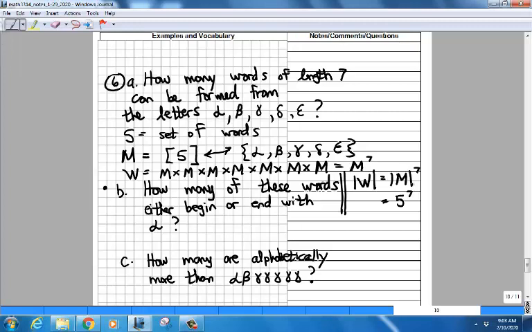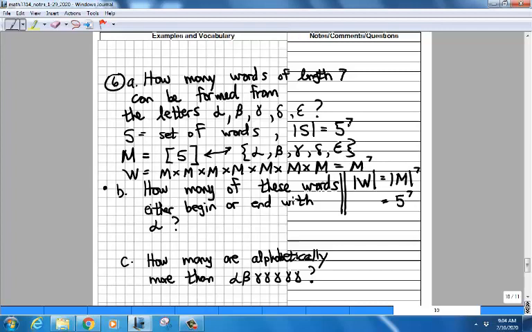So we're hoping that what's the case? What do we want the size of S to be? 5 to the 7th power. We want S also to be 5 to the 7th power. But here's the step that's in the sample test that I need you to think about.